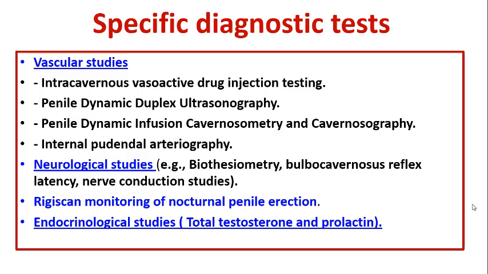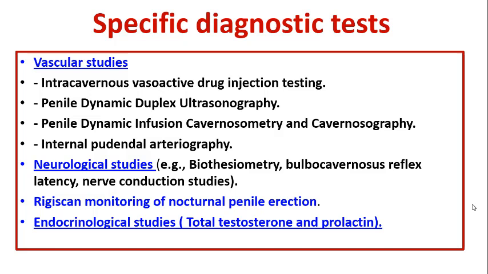Then there is penile dynamic infusion cavernosometry and cavernosography. Also, dynamic means performing cavernosography and cavernosometry in combination with injection of saline or vasoactive drug into the corpora cavernosa during the test, and internal pudendal arteriography.